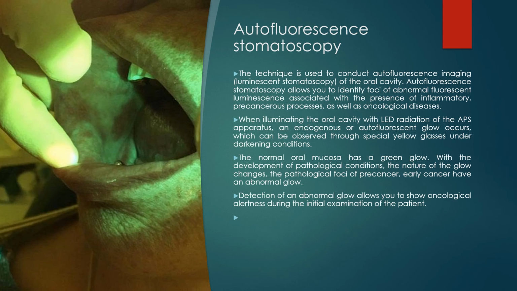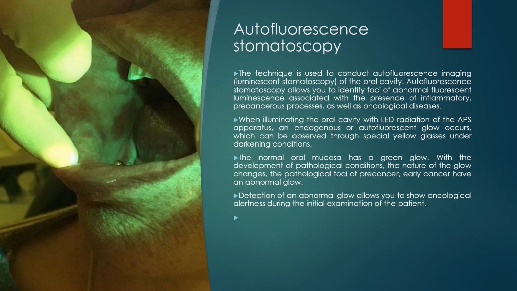Autofluorescence stomatoscopy. This technique is used to conduct autofluorescence imaging, luminescence stomatoscopy of the oral cavity. The autofluorescence stomatoscopy allows you to identify abnormal fluorescent luminescence associated with the presence of inflammatory, precancerous processes, and oncological diseases. When illuminating the oral cavity with LED radiation of the APS apparatus, the endogenous or autofluorescent glow occurs, which can be observed through special yellow glasses under darkening conditions.